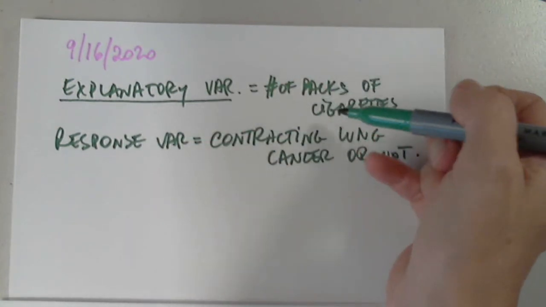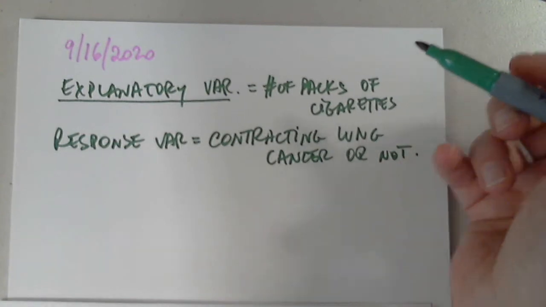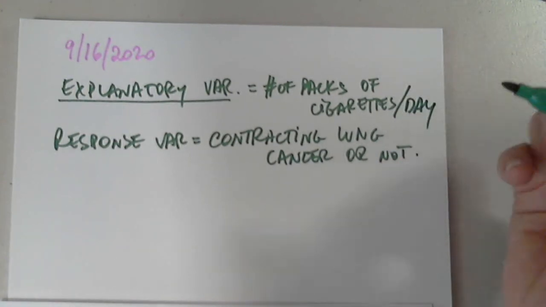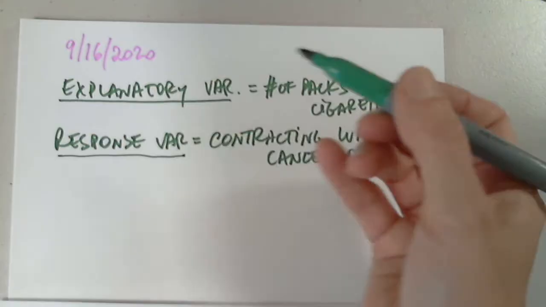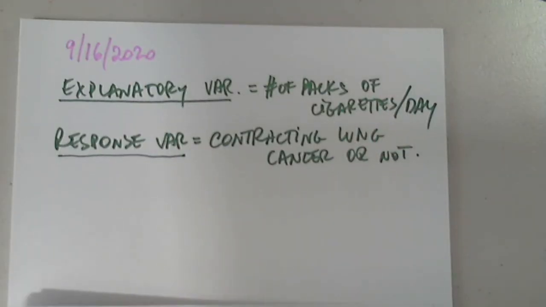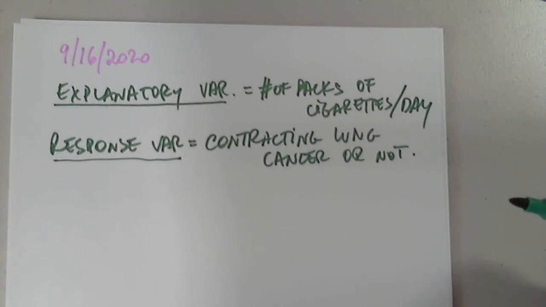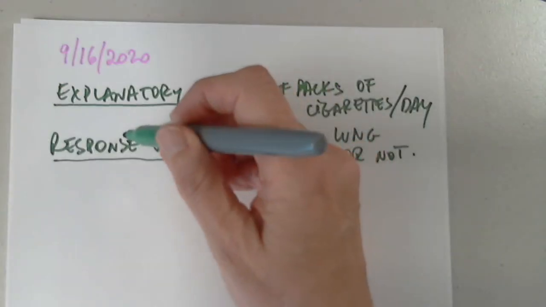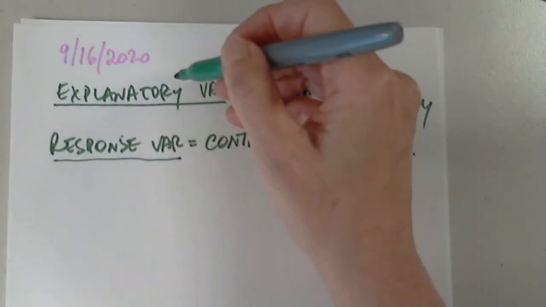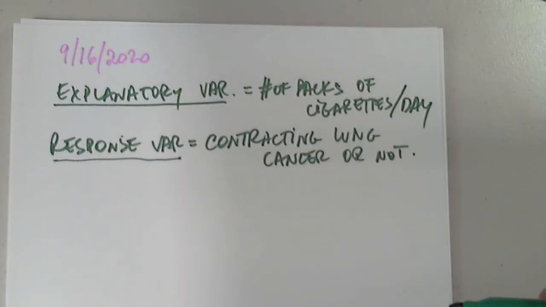Somebody smoked several packs of cigarettes per day. And the response was, the person got cancer, lung cancer. Very good. The response is really a result. Exactly. It's like I'm responding to your question. You have a question? That's my response. Very good. Does it make sense?